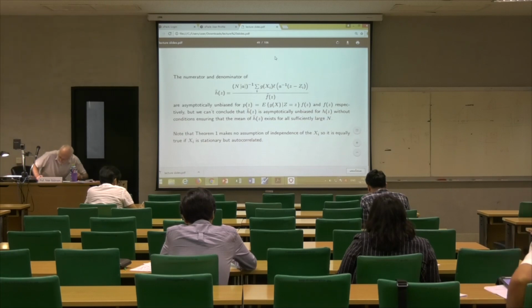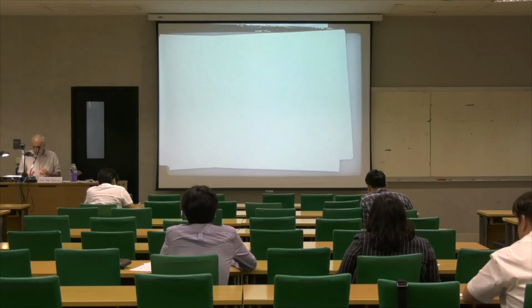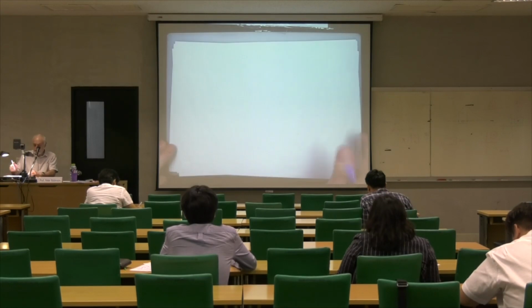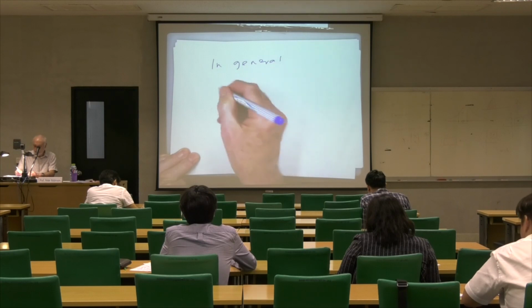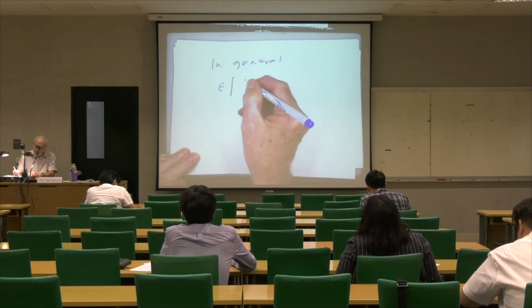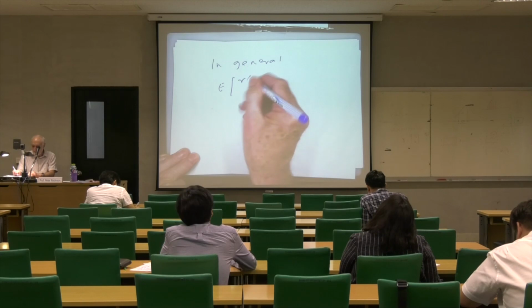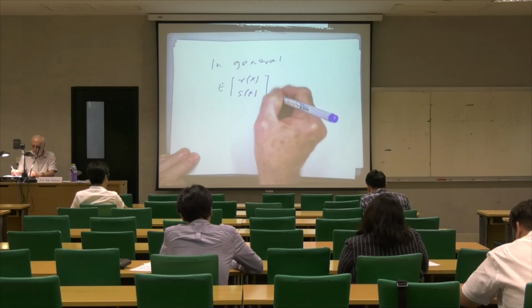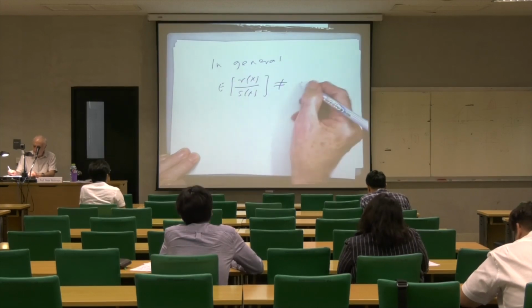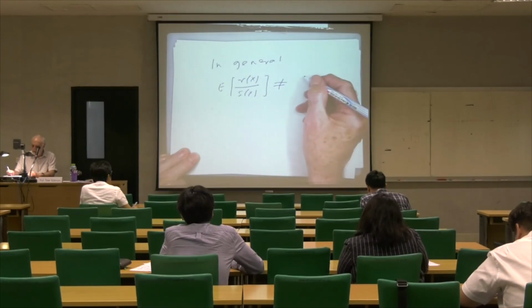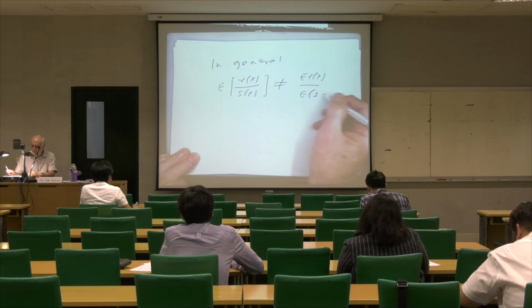In general, and when I say general, it's probably more often than not, the general functions, let's say, r of x divided by s of x, we've got a ratio here, is not equal to the expectation of r of x divided by the expectation of s of x.